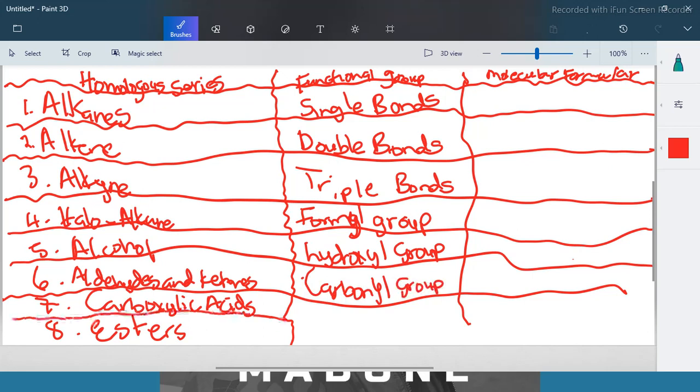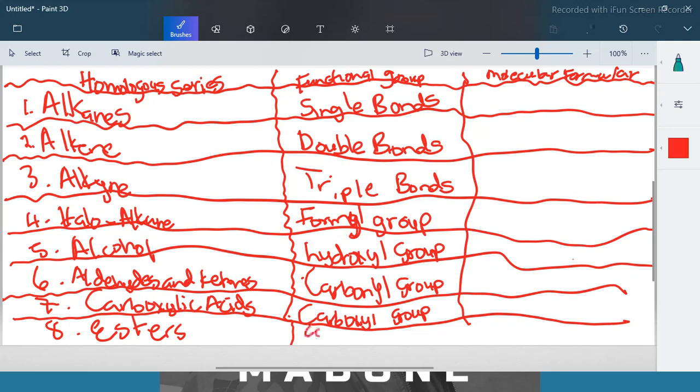Carboxylic acids, guys, acids. Okay, this one, it's so easy. You're just going to say it has a carboxyl group, right? It has a carboxyl group. Not a problem. And then we have esters, ne?